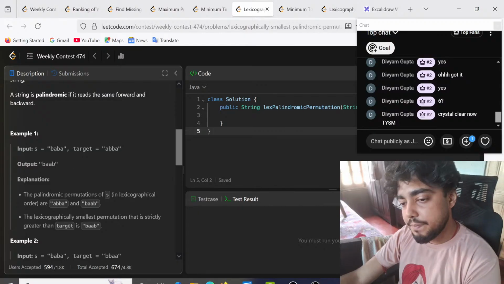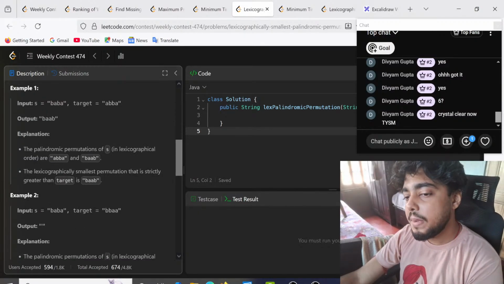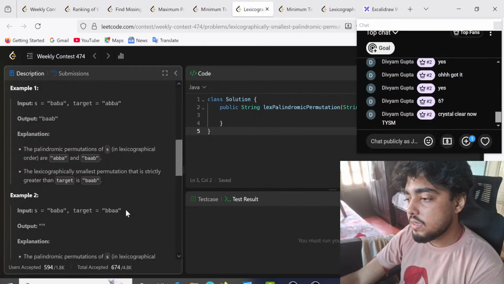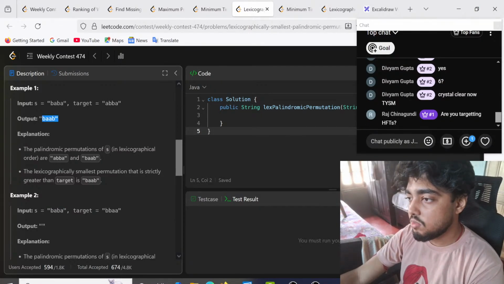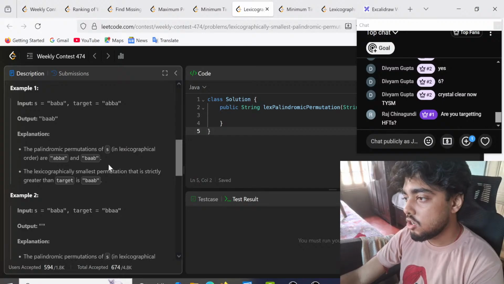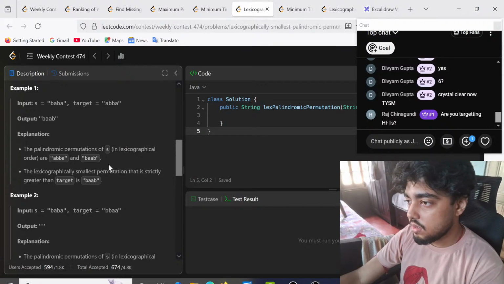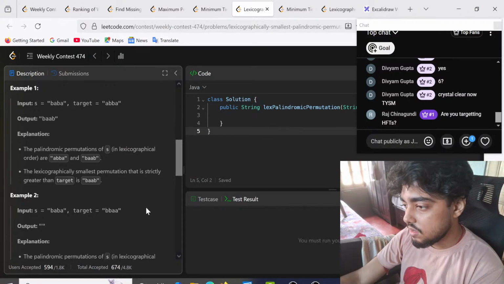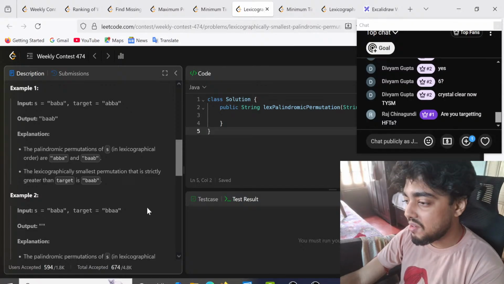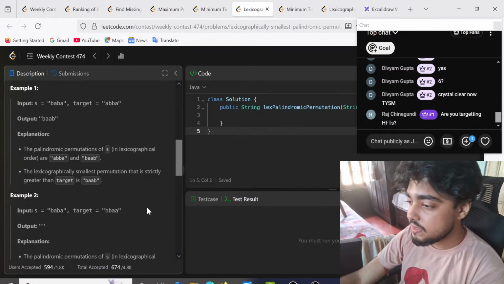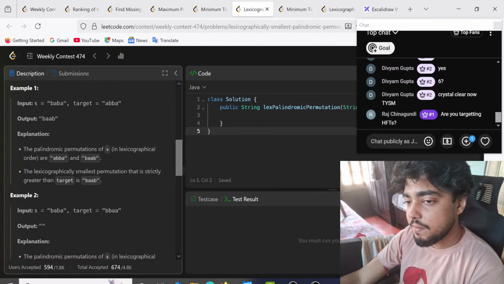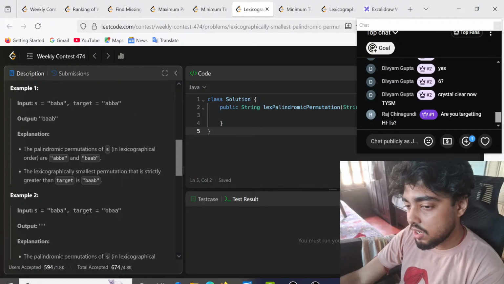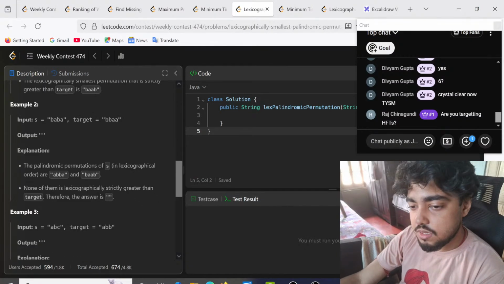B double A B. Okay. B A B A, B B A A. So what is the largest palindrome that you can get? This is the largest palindrome. BAAB is already lexicographically smaller than the target, so there is nothing.